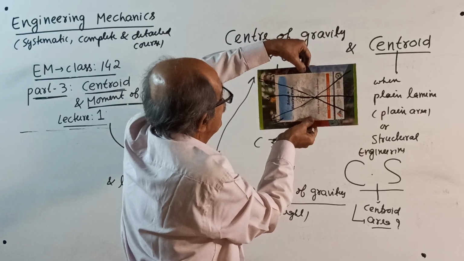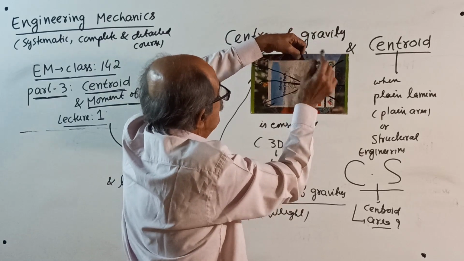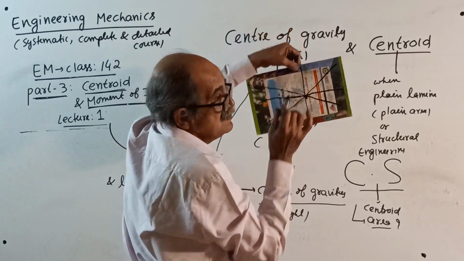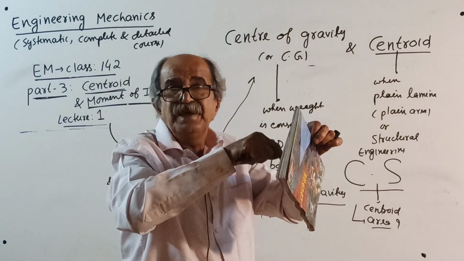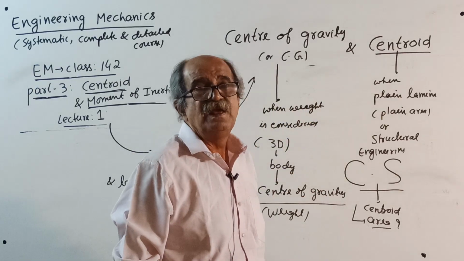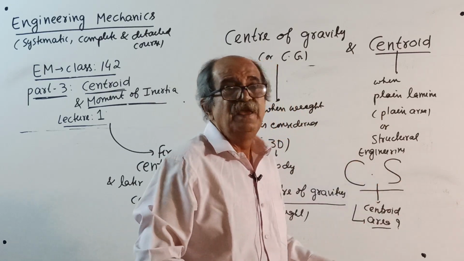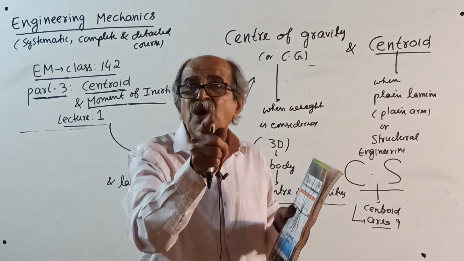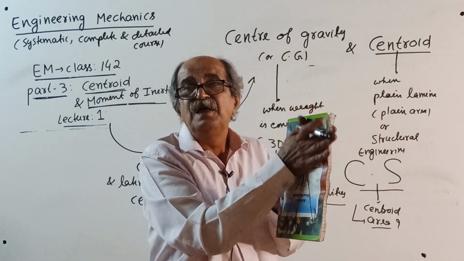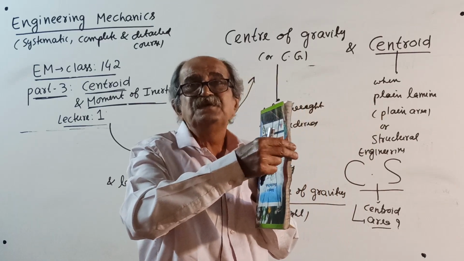If I suspend here, somewhere here, okay, weight will act here. So see here, the common point. That is inside, not here. Thickness also counts. That is center of gravity. Centroid is the projection of that point in the cross section, in the plane lamina, provided thickness is constant.